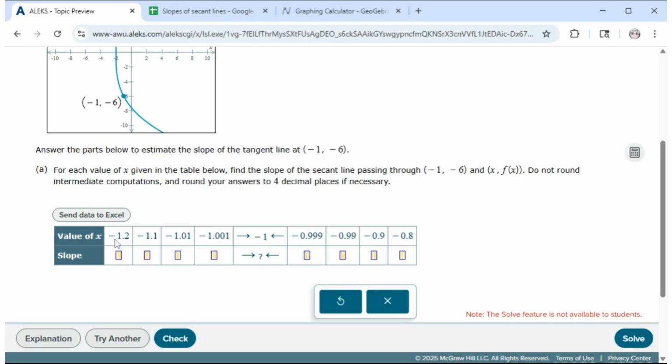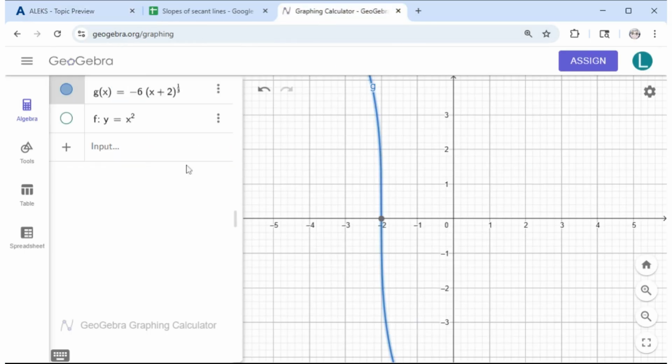They want us to draw a line from the point where x is -1.2 to where x is -1, and then -1.1, and then -1.01, and then -1.001, and some numbers on the other side, all approaching closer and closer to that -1. So the basic idea is this. Let's see if we can do that.